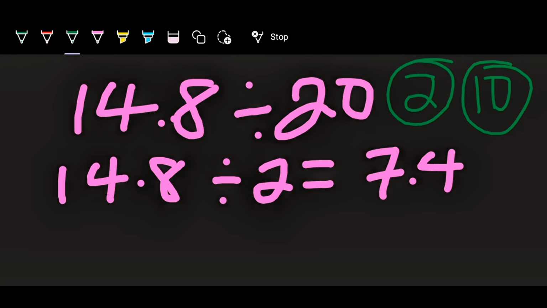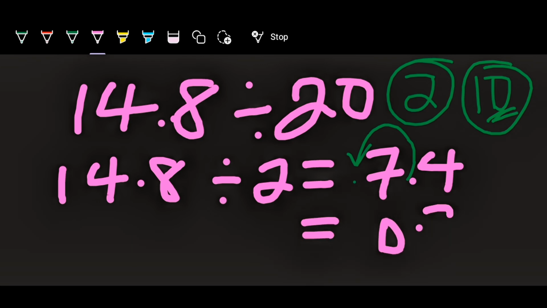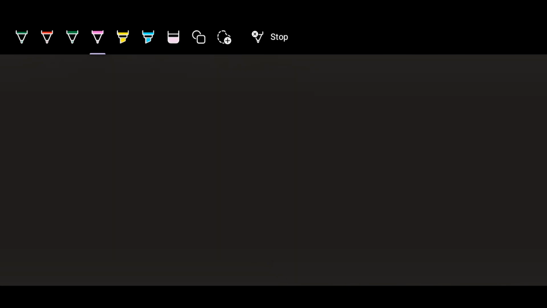And we would just use the same rule as we did before. So we have 1 0 and we're dividing again, so we would move one time to the left. So our answer is now 0.74. Agreed? Agreed.